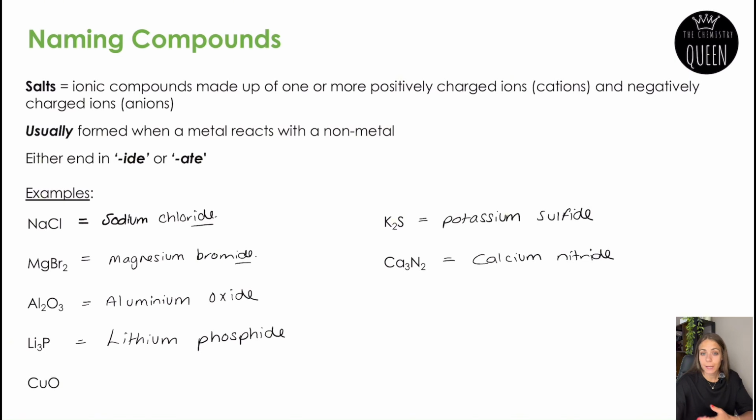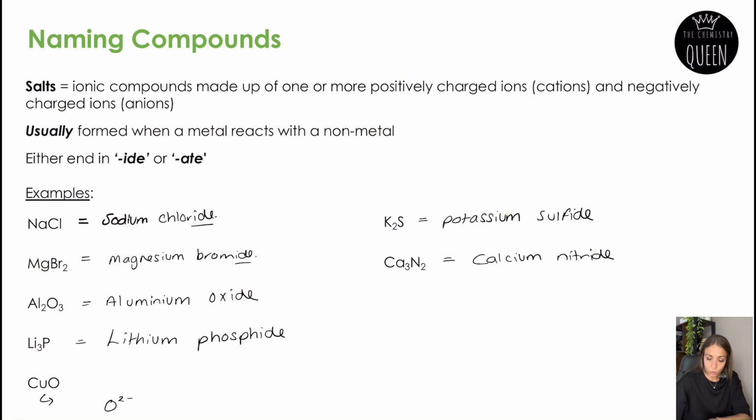And don't forget about your transition elements, because remember, when we have transition elements, they can form ions of different charges or variable oxidation states. So when you have a compound that contains a transition element, it is very important you use Roman numerals to specify what the charge will be. To work that out, again, I did this in another video, but we know that oxide ions have a charge of 2 minus.